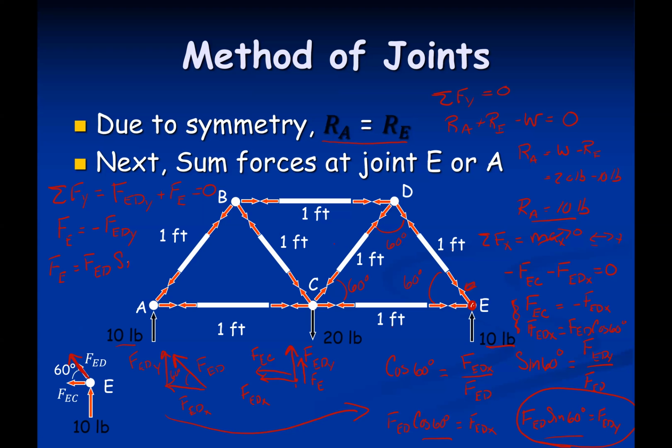So FE equals FEDY, remember, was down here, FED sine 60 degrees. So FE divided by, we're going to put the negative over here, sine 60 degrees equals FED. So plugging that in, you get 10 pounds divided by the sine of 60 degrees equals FED.